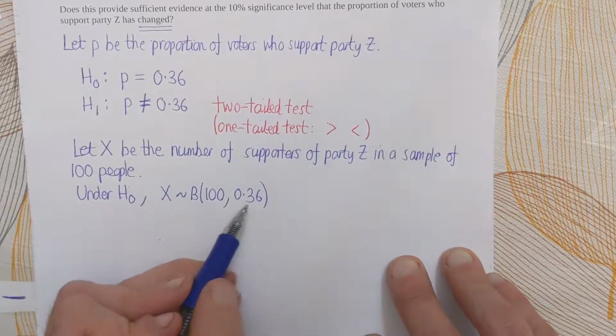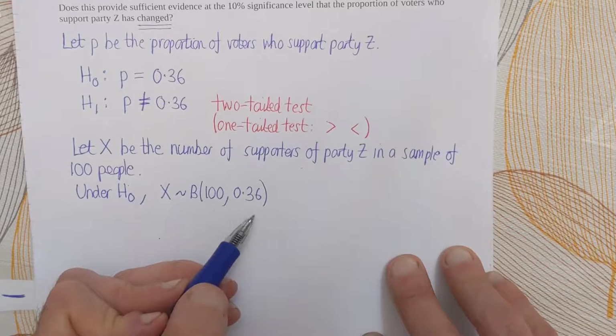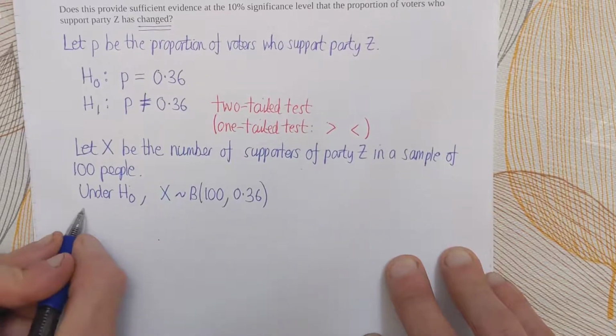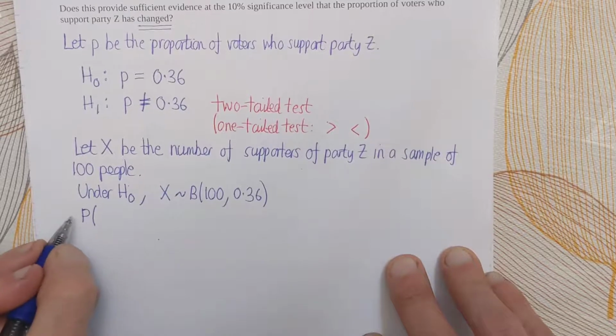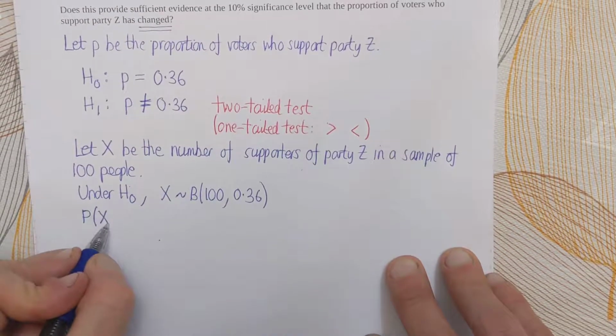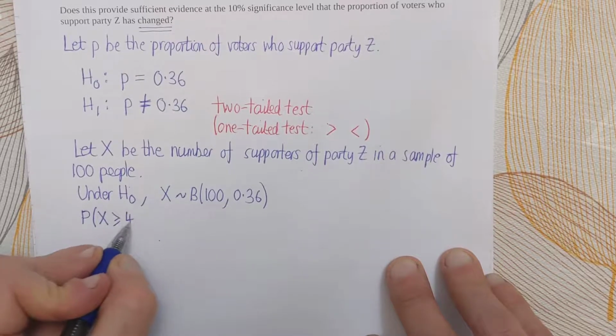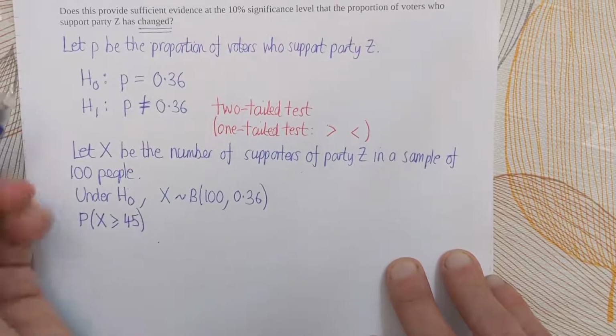So we take the null hypothesis as the default. And we want the probability that X is greater than or equal to 45. Why is this?